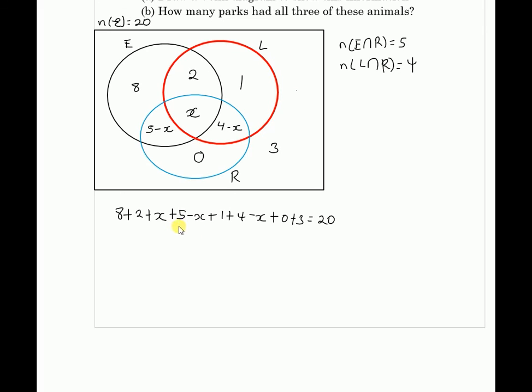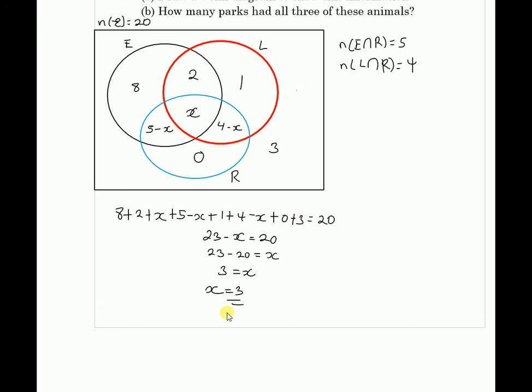And the X's cancel, leaving minus X. So I have 23 minus X is equal to 20, such that 23 minus 20 is equal to X, and 3 is equal to X. Turn the equation around, X is equal to 3.